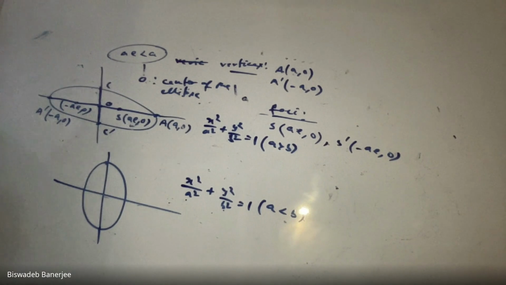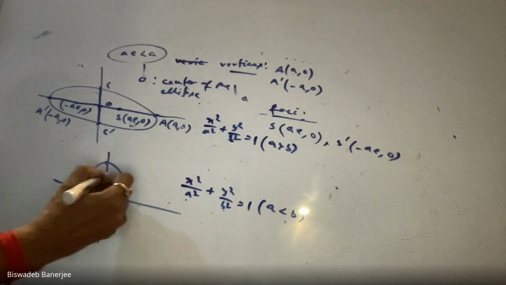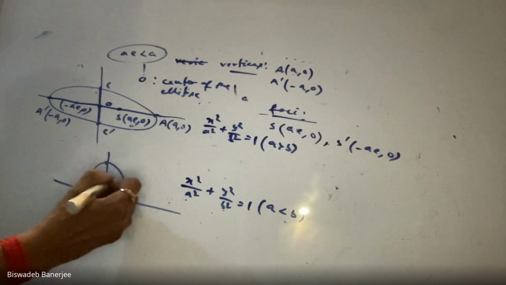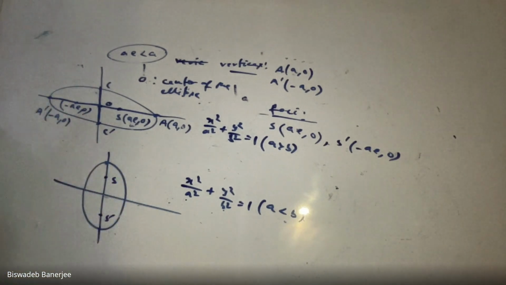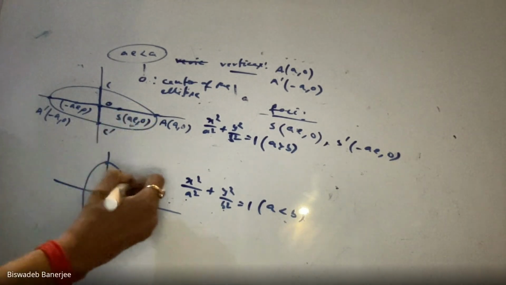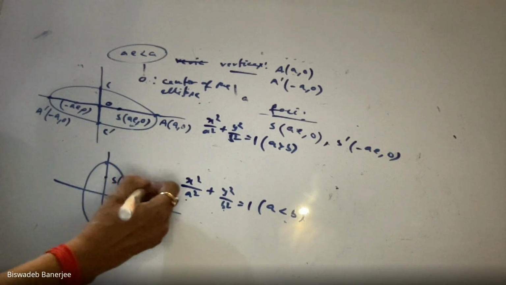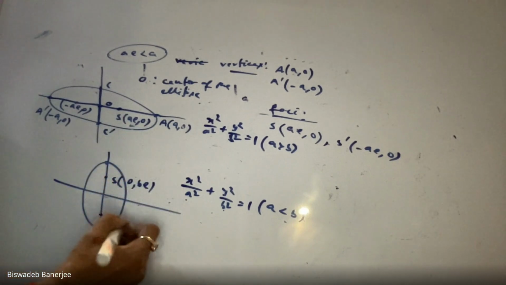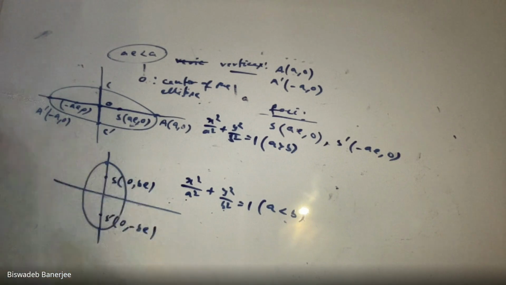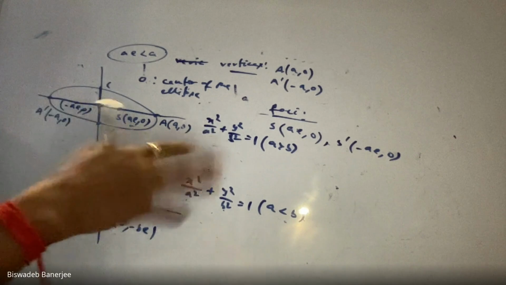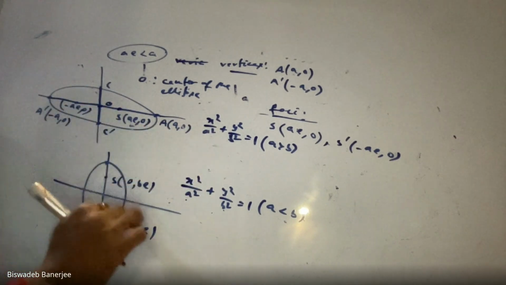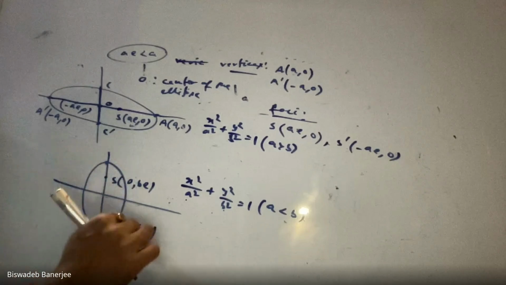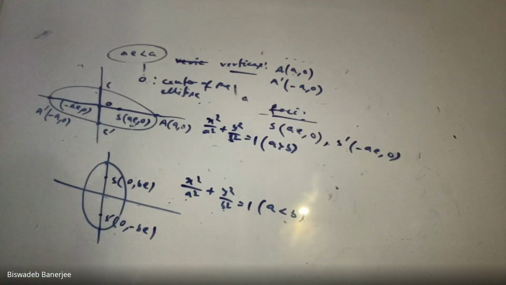Here, these are my foci. This is my S and this is my S dash. Their coordinates will be (0, be) and S dash will be (0, -be), just interchanging a and b. This will be my (0, be) and (0, -be).